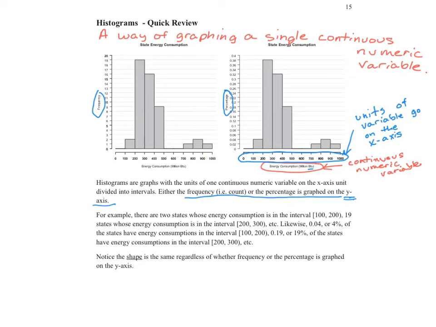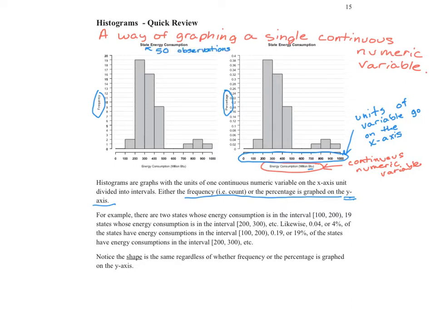So in this example, they're broken into intervals of 100. So we have an interval from 100 to 200, 200 to 300, 300 to 400, and etc. Then the height of the bar indicates the number of observations that fall in that interval.